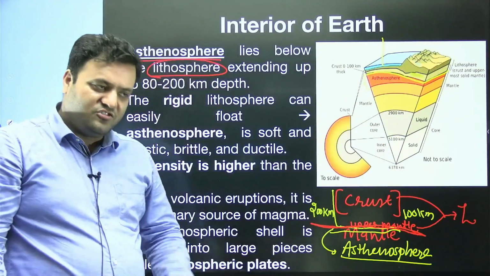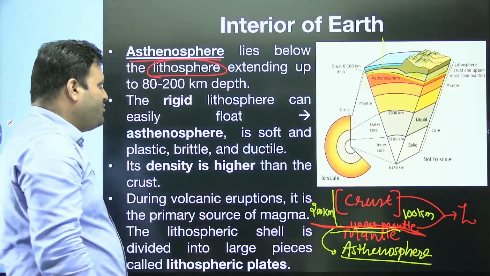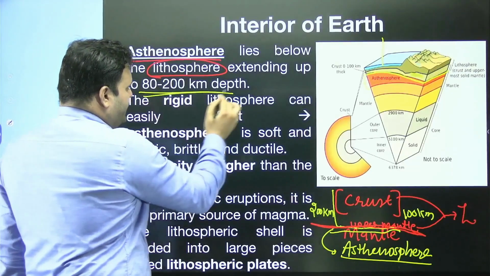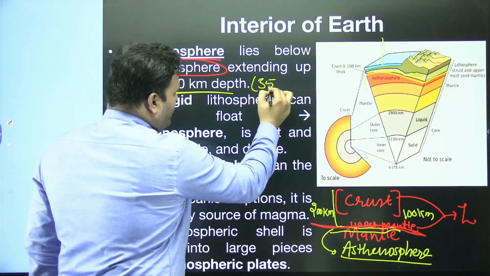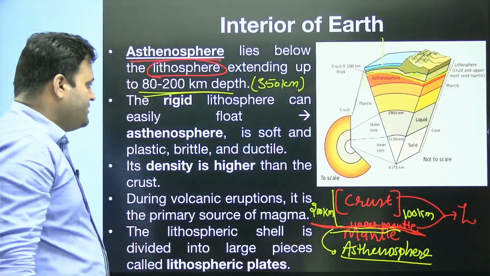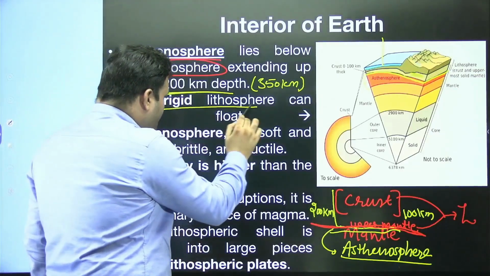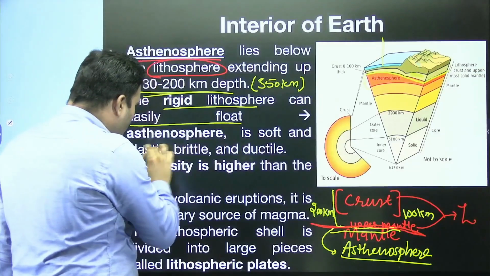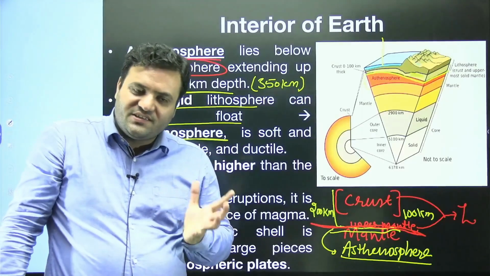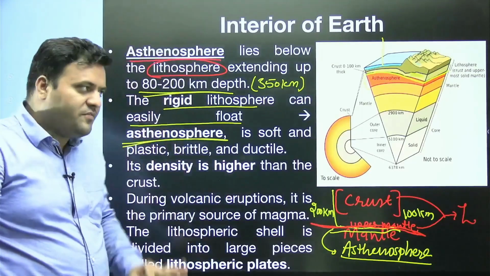Asthenosphere is also extending up to a depth of 80 to 200 kilometer deep. Sometimes it is 350 kilometer deep as well. So this rigid lithosphere can easily float on asthenosphere. That means the nature of asthenosphere is different.